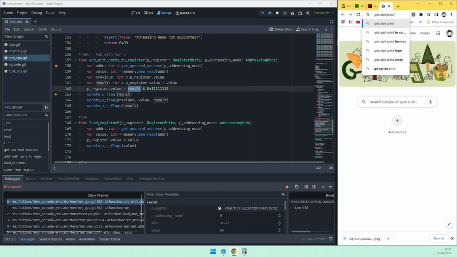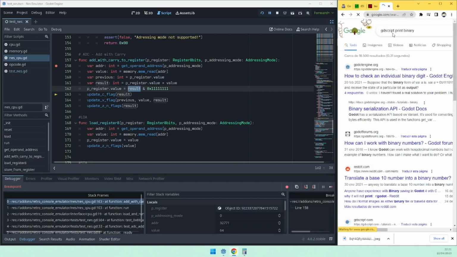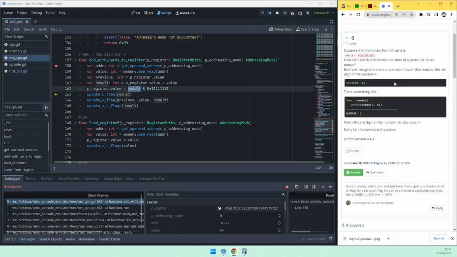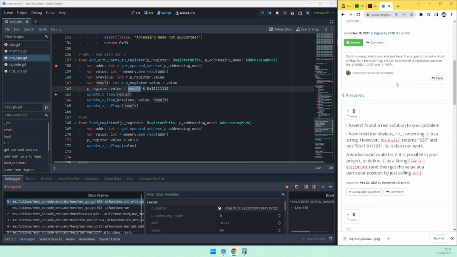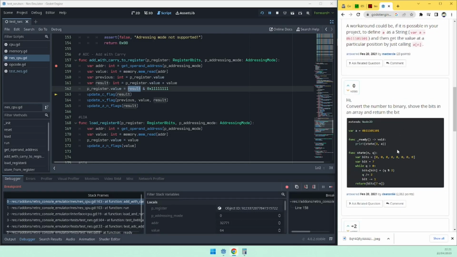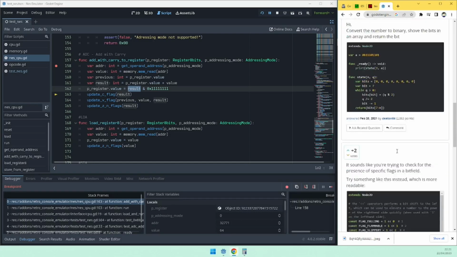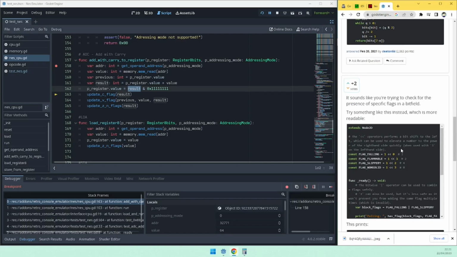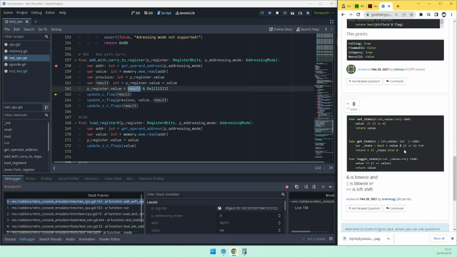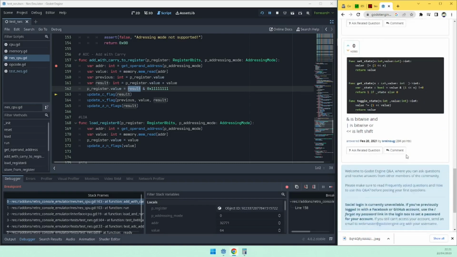GDScript print binary. I want to print it. Forget that. I just want to print in binary.